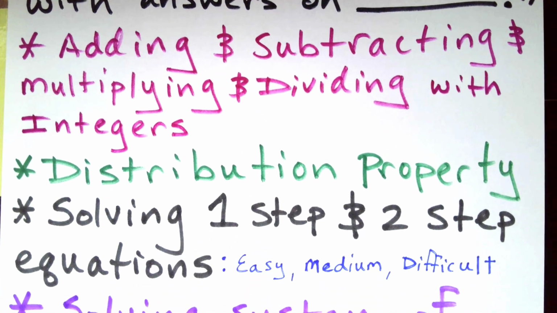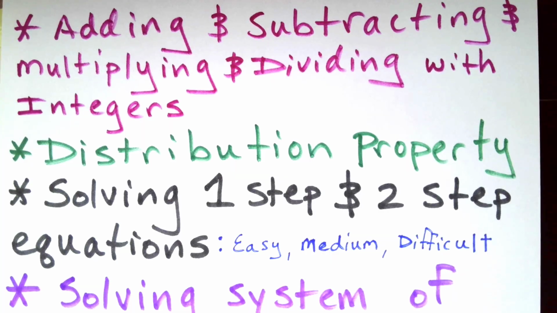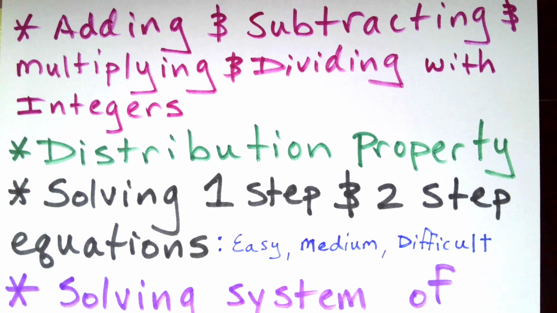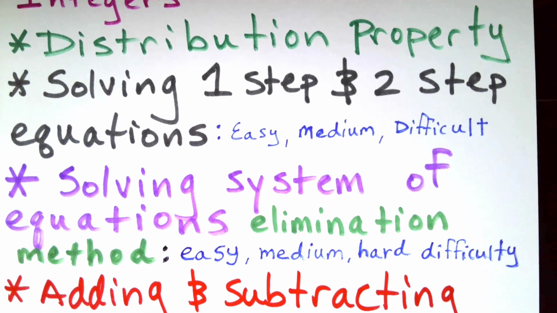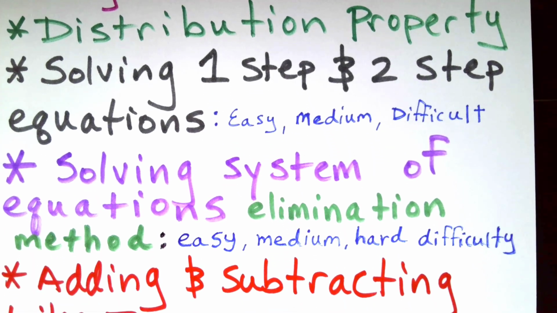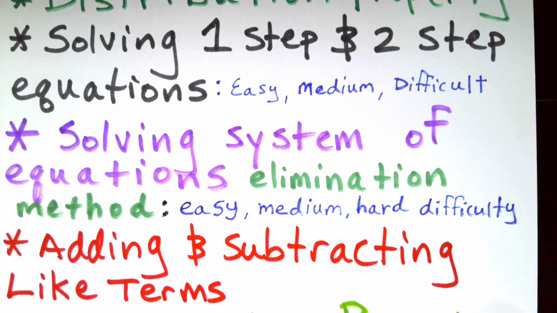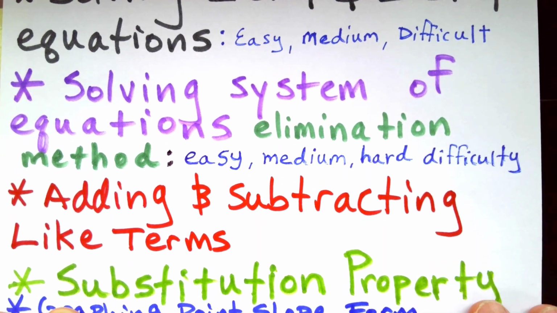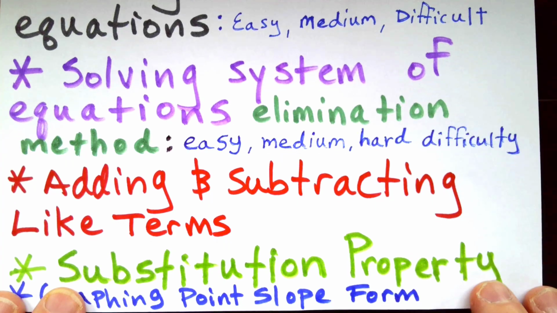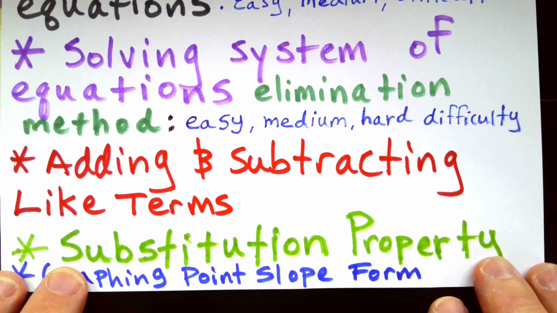Worksheets with answers on adding and subtracting and multiplying and dividing with integers, distribution property, solving one-step and two-step equations, easy, medium, and difficult. Solving system of equations, elimination method, easy, medium, hard, difficult.